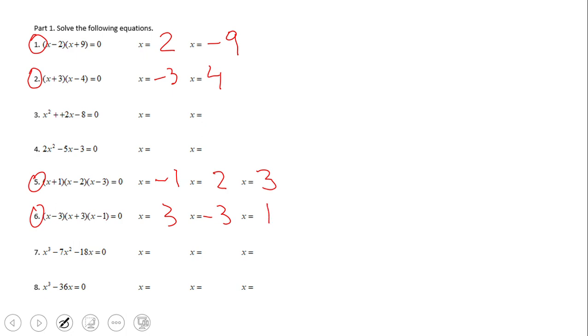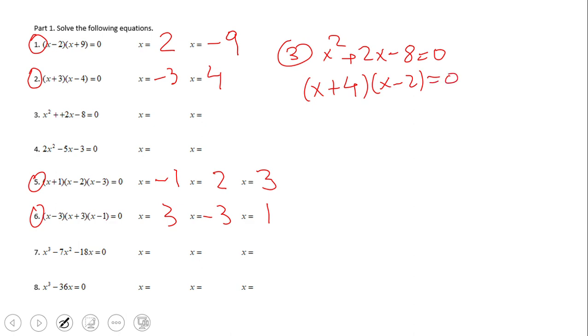For the others, we need to work a little bit. For number 3, which is x squared plus 2x minus 8 equals 0, the factored form will be x plus 4 times x minus 2 equals 0, so we get -4 and +2.